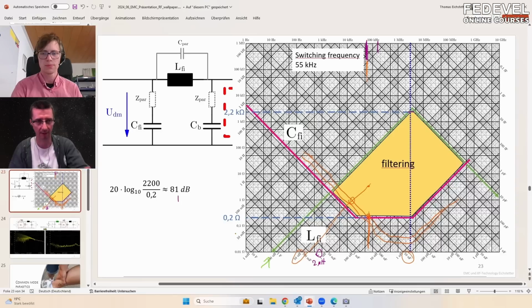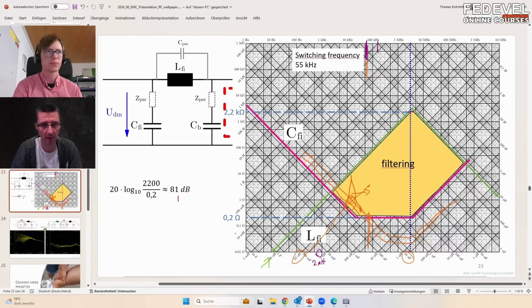Yeah, but the resonance frequency is then close to the switching frequency. Yeah, but it's still a certain distance. So when this is, let's say, a factor of 3 in this region, then it's okay. I mean, this tip here, and then here it is already over the resonant frequency.